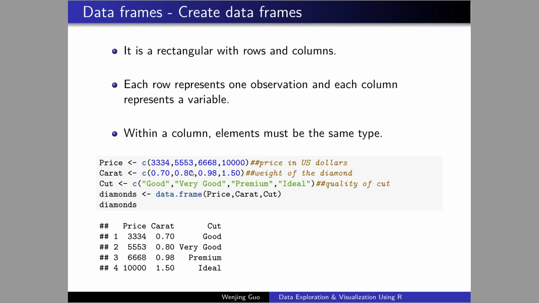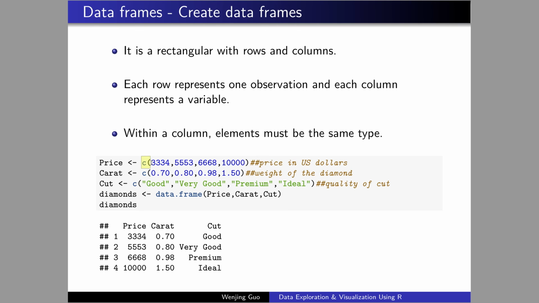Now let's see how to create a data frame. For example, we would like to create a data frame named diamonds, which contains 4 observations and 3 variables. To create this data frame, we first need to create the variables in the data frame. In our example, they are price, carat, and cut. These three variables are three vectors. As we learned before, we can use c parentheses to create vectors.